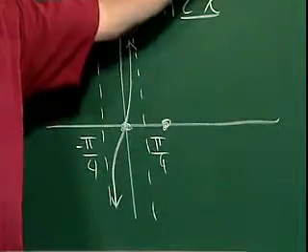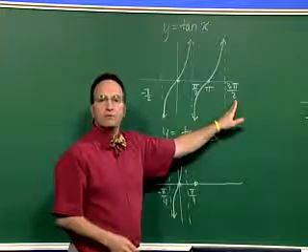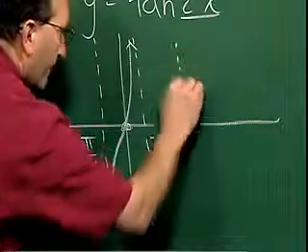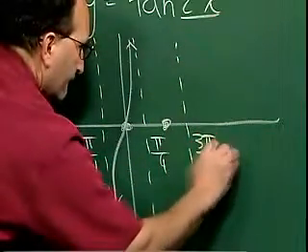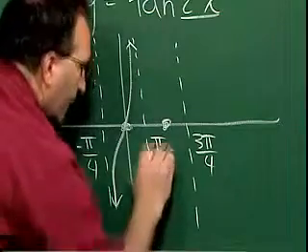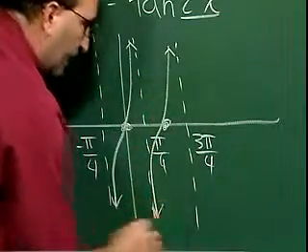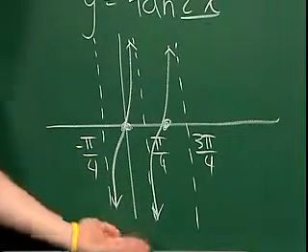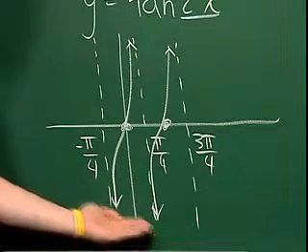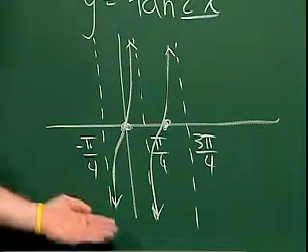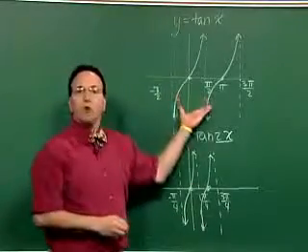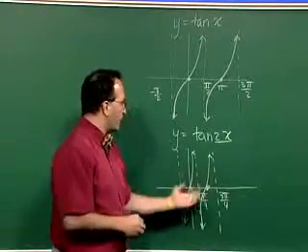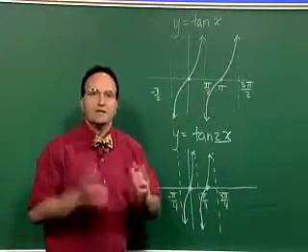And this original vertical asymptote, which is at 3 pi over 2, would now be at 3 pi over 4. So we draw our curve increasing from left to right. And what I want you to notice is that we've completed 2 complete cycles of the tangent curve in the same amount of space that we were only able to complete 1 cycle of the tangent curve. So we've gotten 2 in here, 1 in there in the same distance.